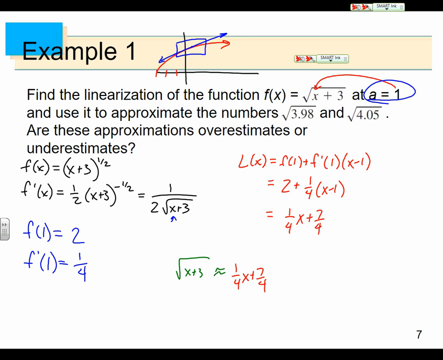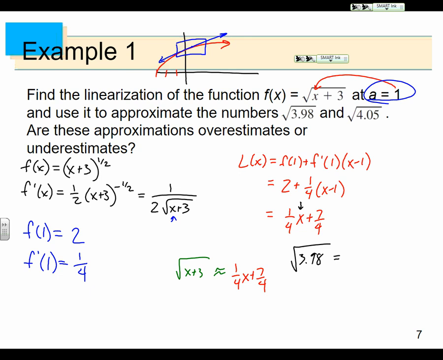And so now I want to use this to see if I'm getting overestimates or underestimates. So I'm going to go ahead and calculate the square root of, what's the first one, 3.98. Whatever I'm plugging in for this x right here is going to be close to 1.